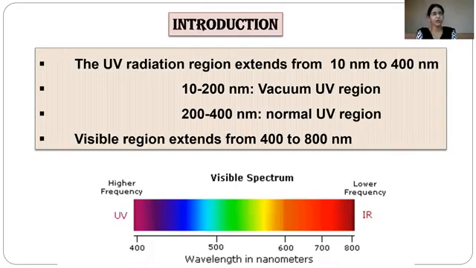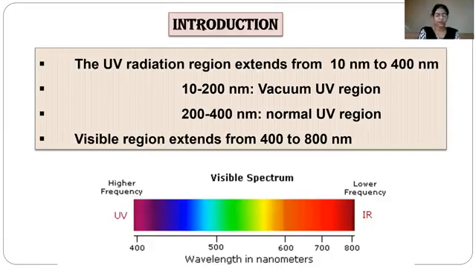Otherwise, the atmospheric oxygen will start to absorb the ultraviolet light. So the main working region of ultraviolet radiation is 200 to 400 nanometer. And if we want to record the spectrum between 10 to 200 nanometer, we have to use a vacuum ultraviolet spectrophotometer.